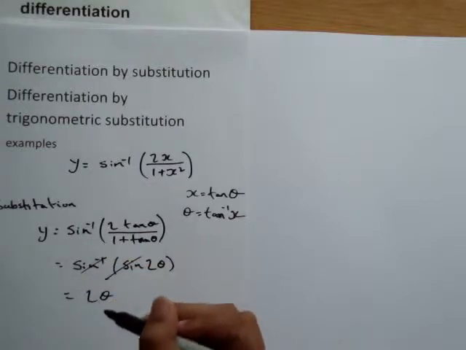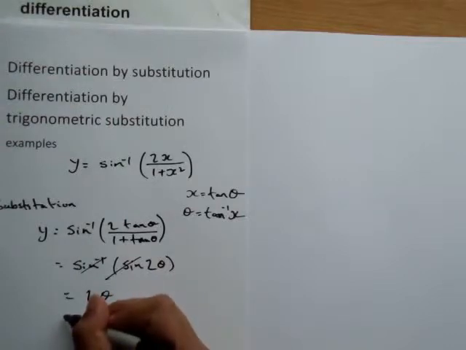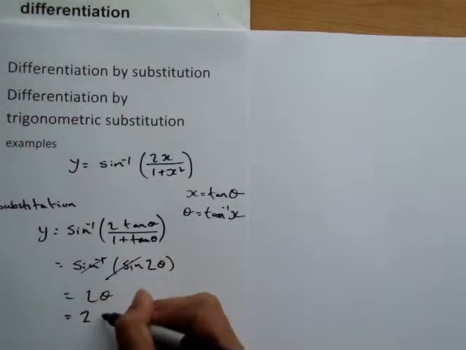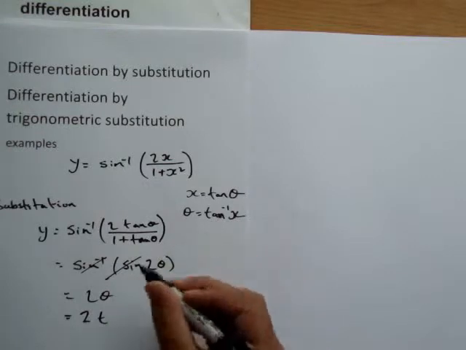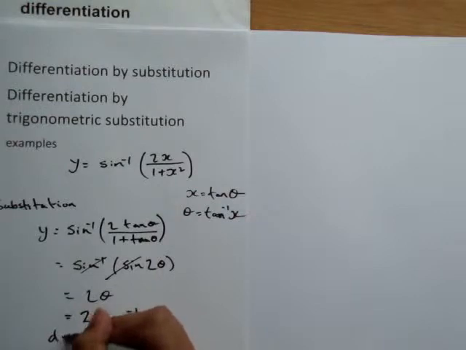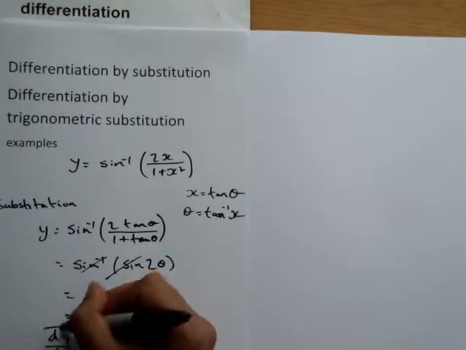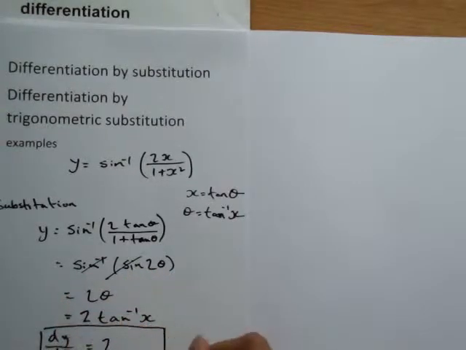So when we differentiate 2 theta, which is 2 inverse tan x, dy by dx is 2 over 1 plus x squared. And that is your answer.